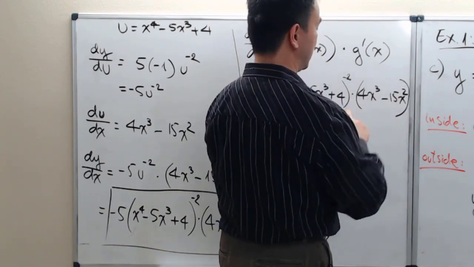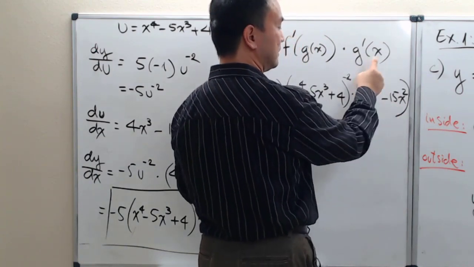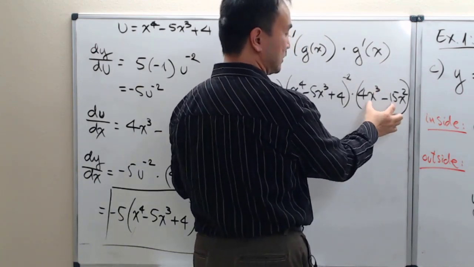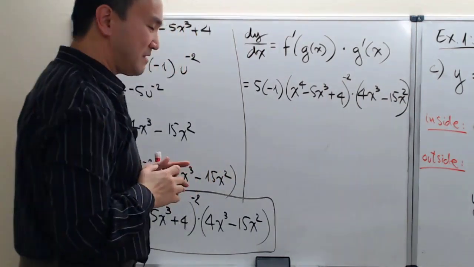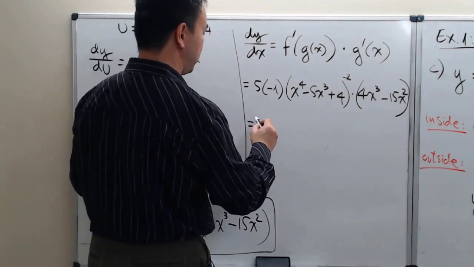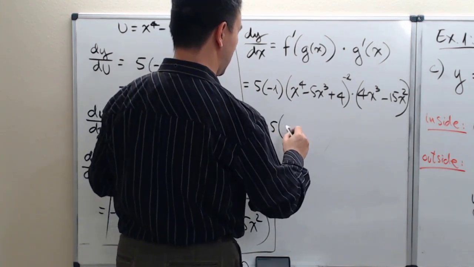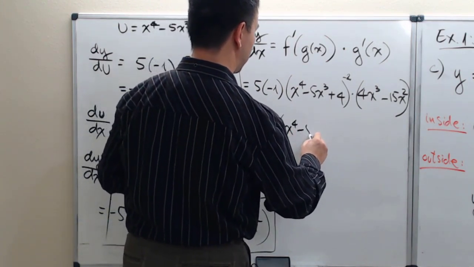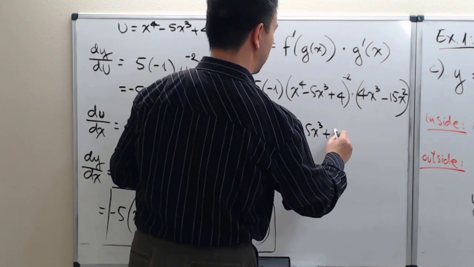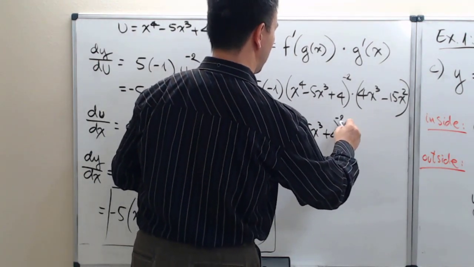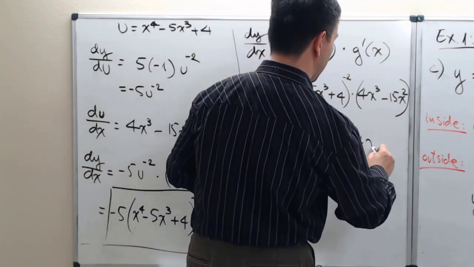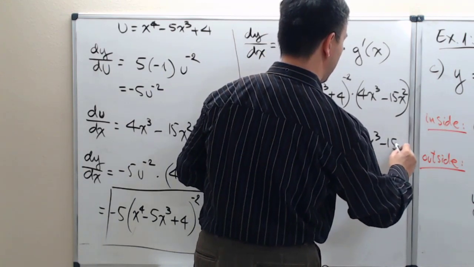And this is, ladies and gentlemen, the derivative of the inside function, or in other words, this is g prime. Okay, and so completing the entire expression together, it's negative 5 times x to the fourth minus 5x cubed plus 4 to the negative 2 power multiplied with 4x cubed minus 15x squared.